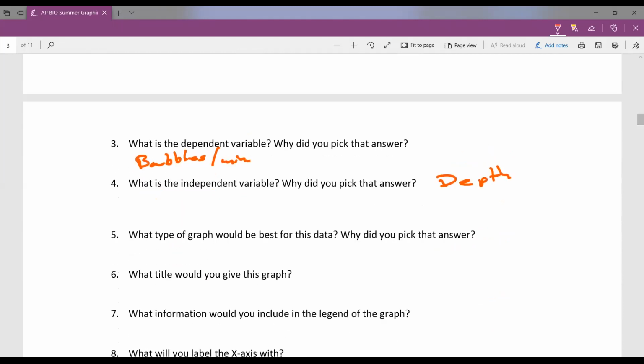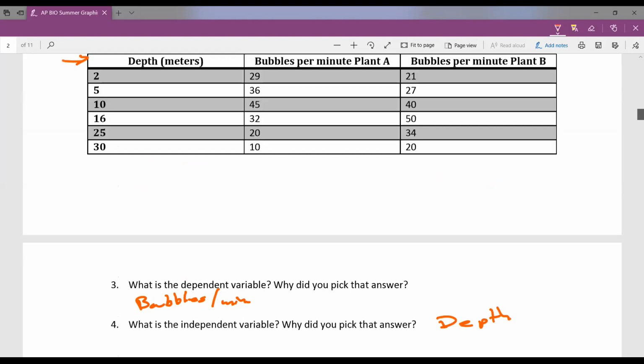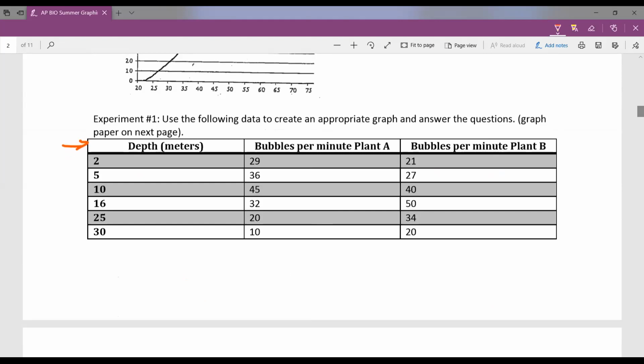And we already said what type of graph would be best. It would be a line graph because we've got the series over time of two different things. Okay, what would the title be for this graph? Anyone? Number of bubbles per minute per experiment based on depth.